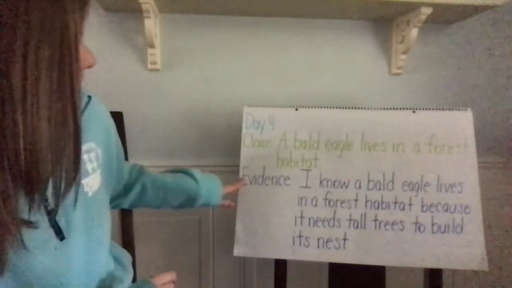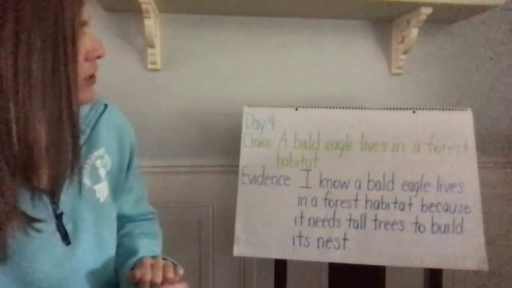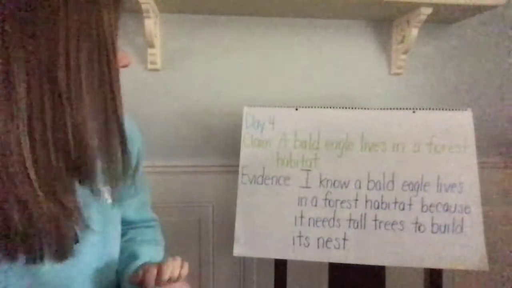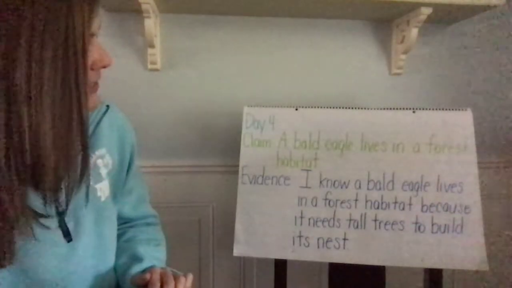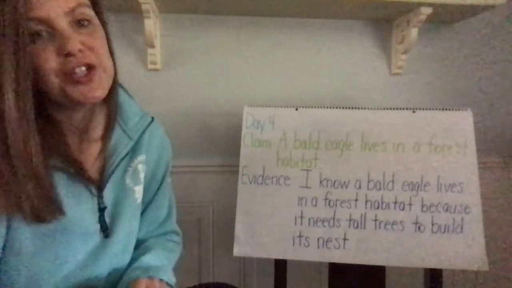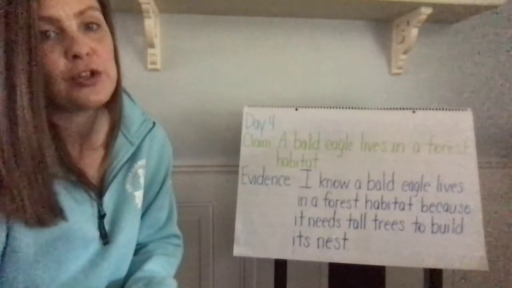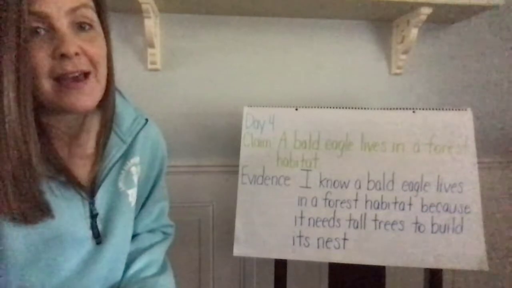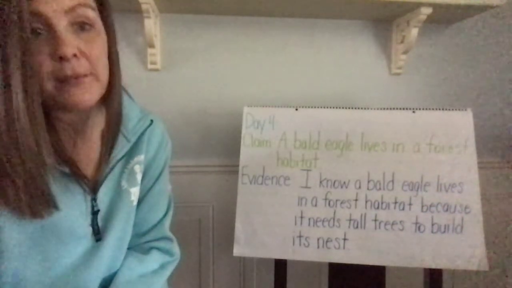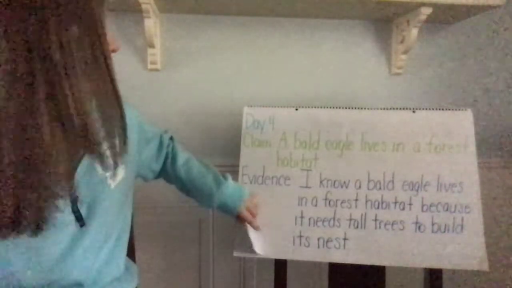And they had some evidence here that they know a bald eagle lives in a forest habitat because it needs tall trees to build its nest. So I had asked a student why they think it needs a tall tree for its nest, and they said that the bald eagle needs to stay safe from predators. So that was a great answer, great job.